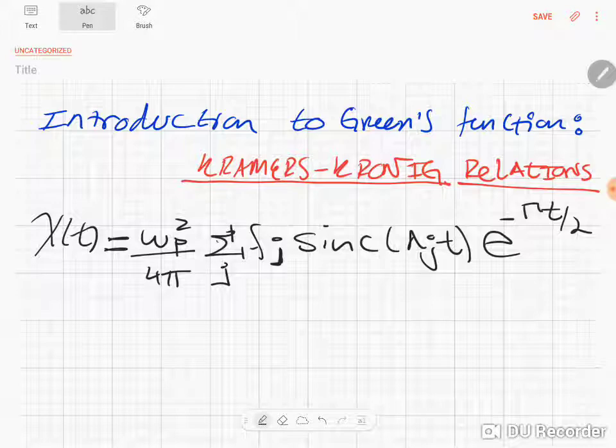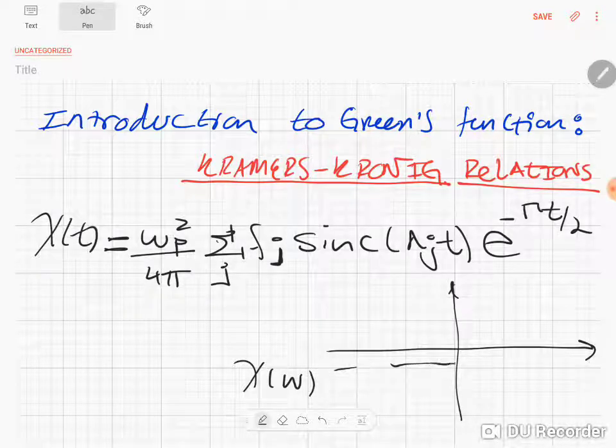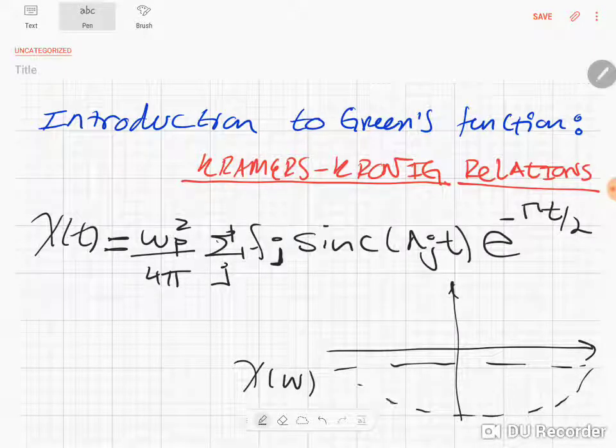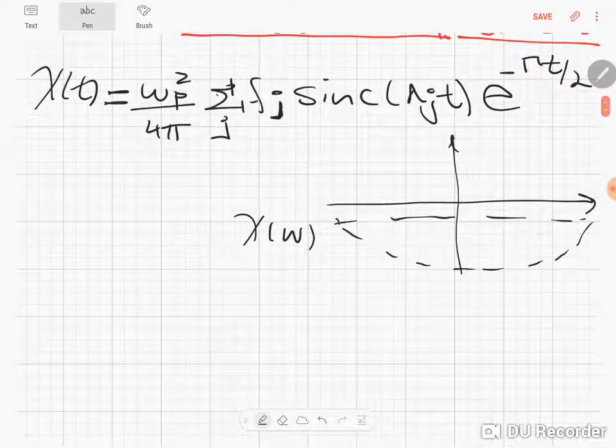Even though we derived this using the restriction of causality, which says that the spectral representation of chi of t, which is chi of omega, will only have poles in the lower complex plane, nonetheless we should impose causality by multiplying chi of t with a theta function.